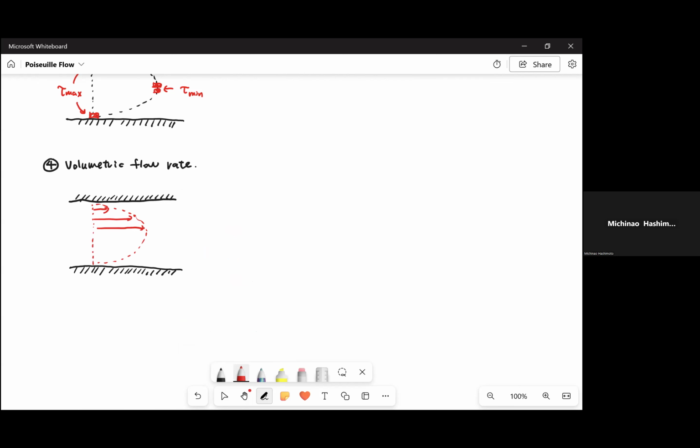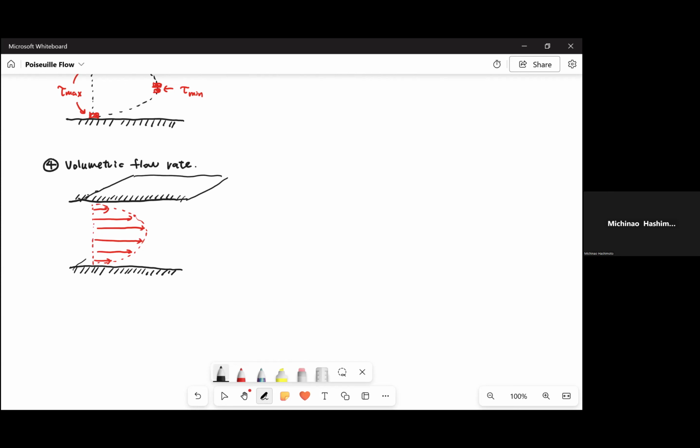In this case, indeed, we are able to consider the flow rate in the plane along the same plane. If we look a little bit more carefully, this particular flow is really three-dimensional.